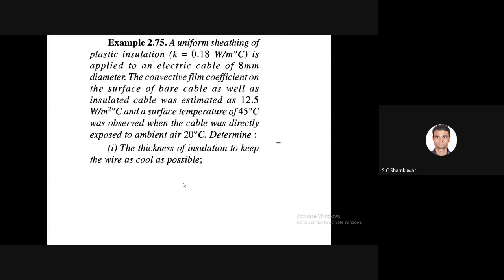Gaurav Gaikwad, Mihir Kulkarni, Chinmay Bhutti, are you there? I want an answer.